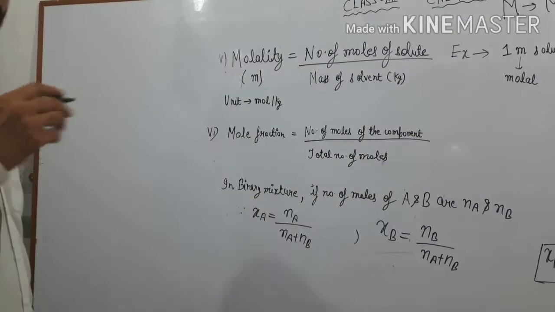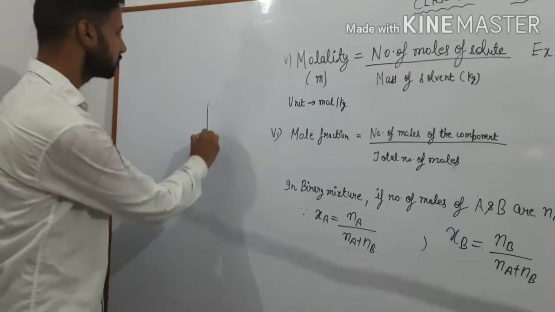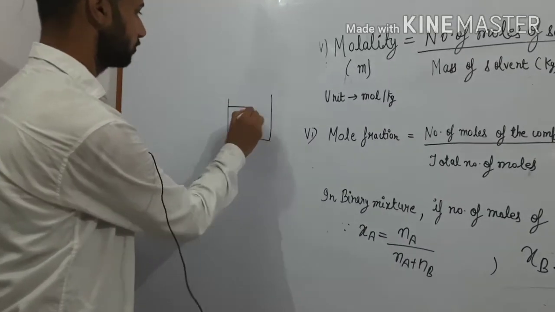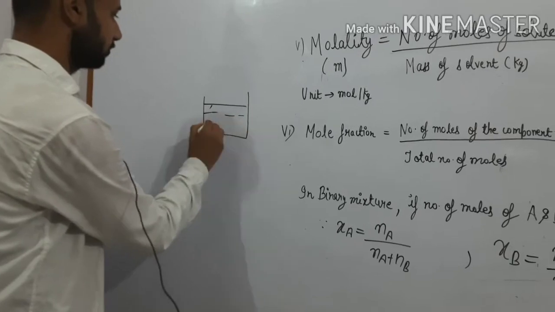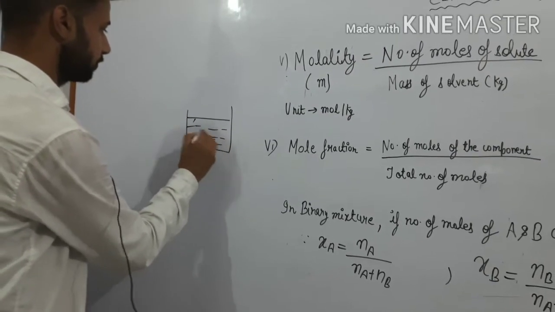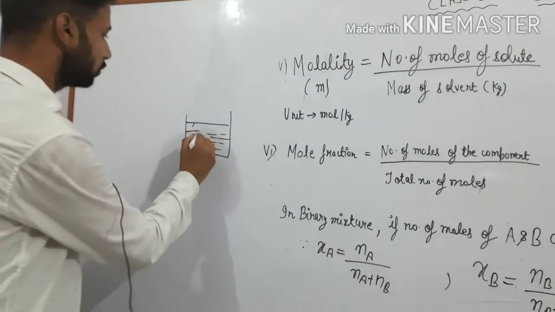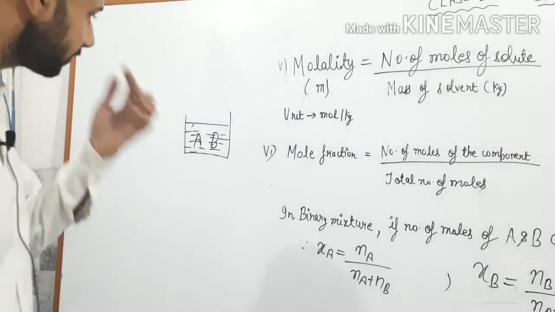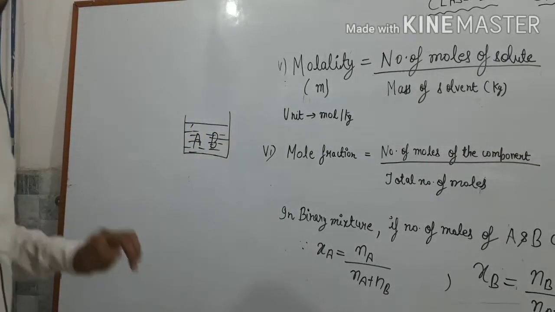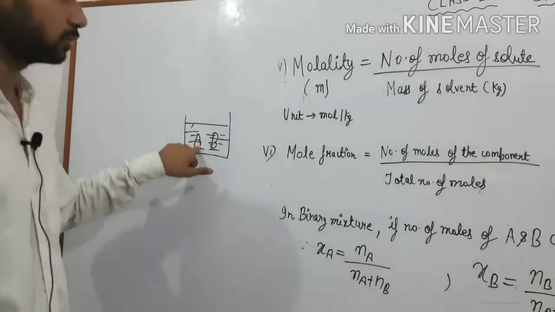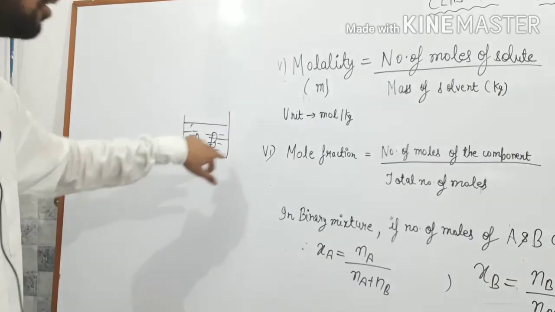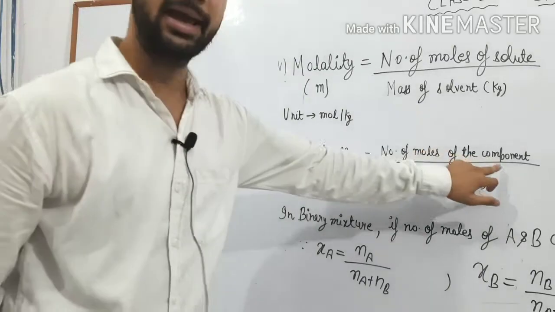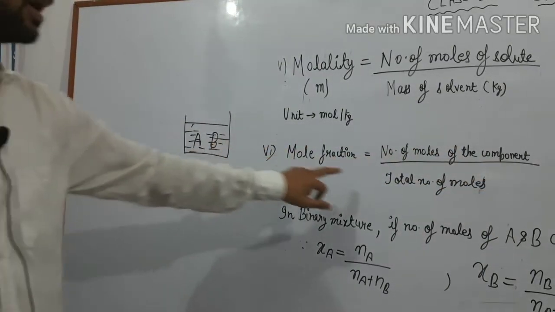For example, there is a solution in which two components, component A and component B, are dissolved. We have to find the mole fraction of component A. So what will we do? Number of moles of A divided by total number of moles.